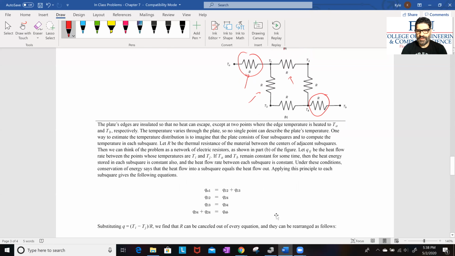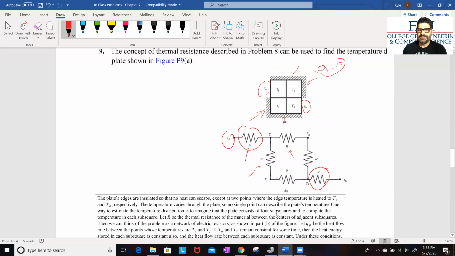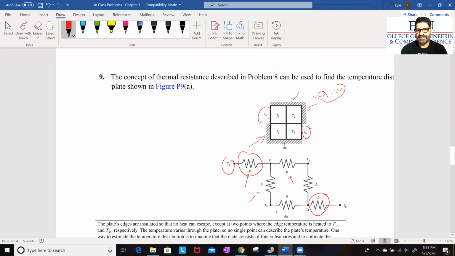QA1, coming from this point, will be equal to Q12 plus Q13. If you look at the subsquare, whatever is coming in here is going to leave here, and it's going to leave in here. The same is true if you do this subsquare: you have 1 heat coming in and 2 leaving.